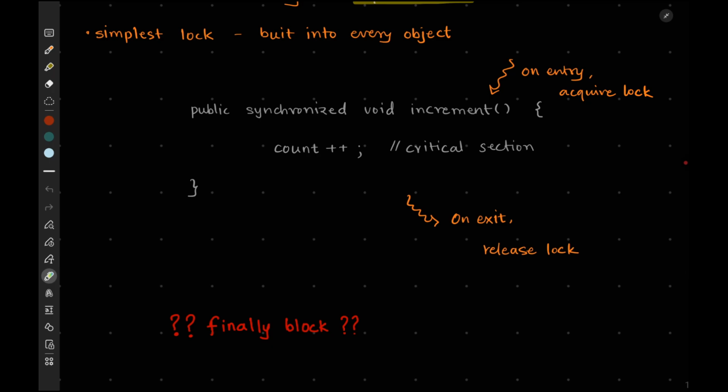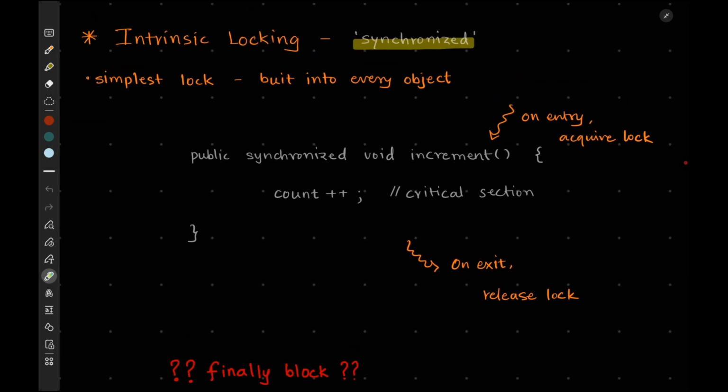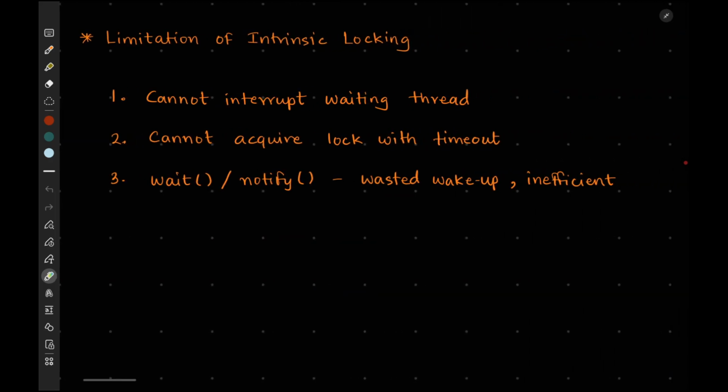But synchronized has some painful limits. First, you cannot interrupt a thread that's waiting for a synchronized lock. It will wait forever. Second, there is no way to try to acquire the lock with a timeout.